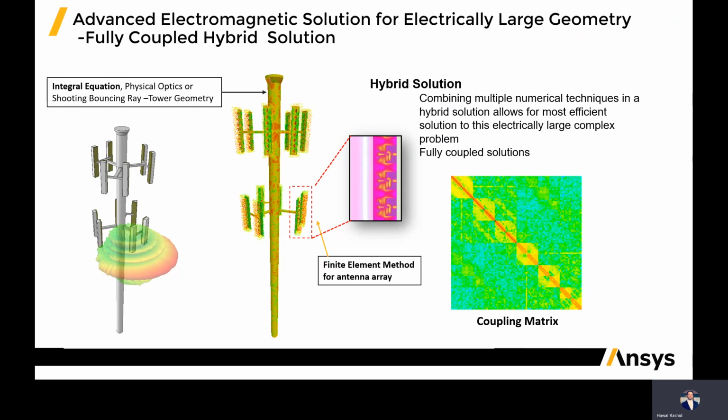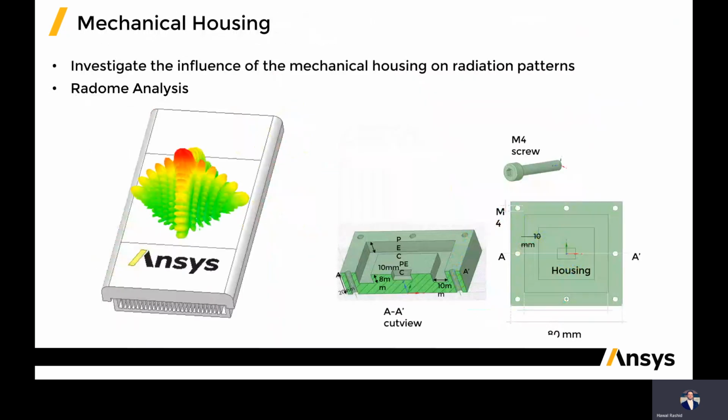We could, for example, use shooting bouncing ray hybrid techniques here to quickly do very good estimations of the properties of the radiation patterns when you put them inside the casing. How does it affect? So if we have a casing looking like this, and inside the casing we have this sort of structure, and inside here we will put our array. Let's say, okay, this is an example.